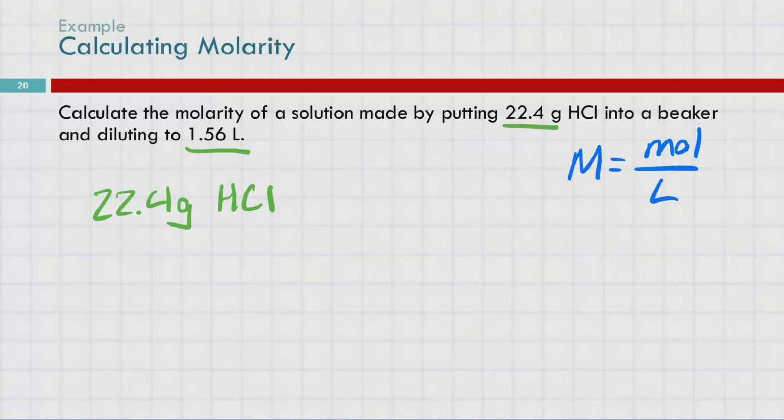Can we get from grams to moles? We sure can. What do we use to do that? Molar mass. Do we multiply or divide by our molar mass? We divide. So 35.45 and 1.008 to get our molar mass.